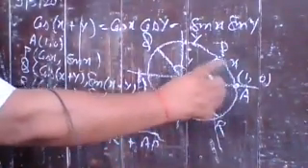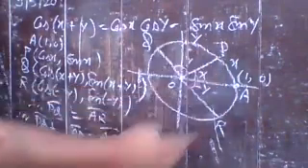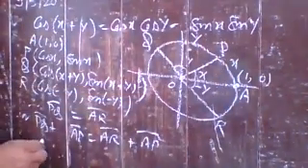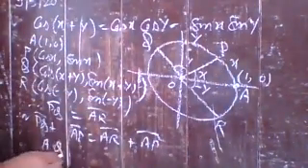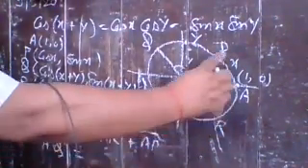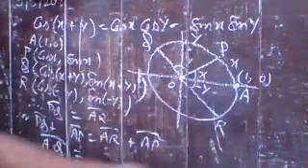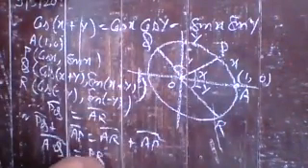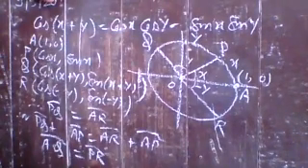Understand? If you add both sides, what do you have? On the left you have arc AQ, is equal to, on the right, AR plus AP, which gives arc PR. So in this way, arc AQ and arc PR are equal.